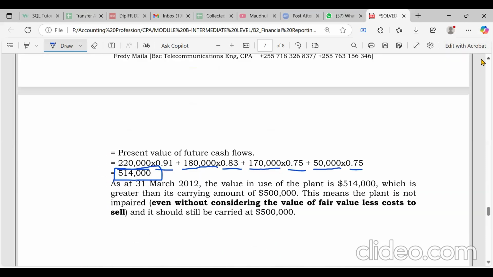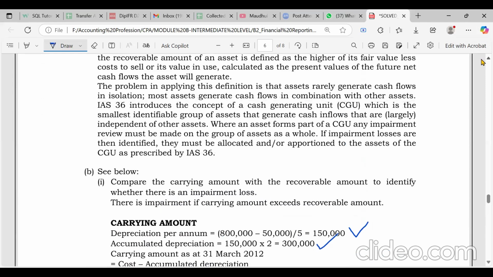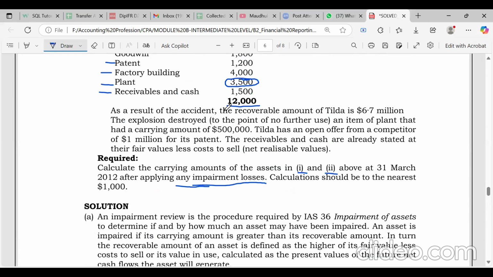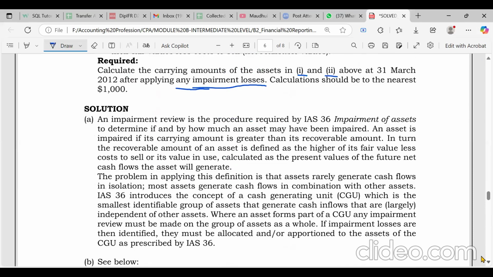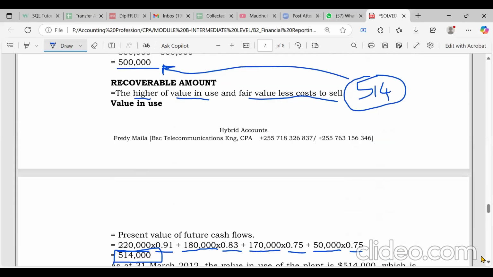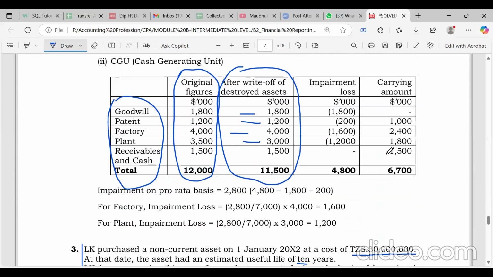We start with the totally destroyed asset, 500. And then for the current assets, like I told you, you put them at their value. After this, you get the net carrying amount of 11,500, and then you prepare somewhere here the carrying amount and the impairment.